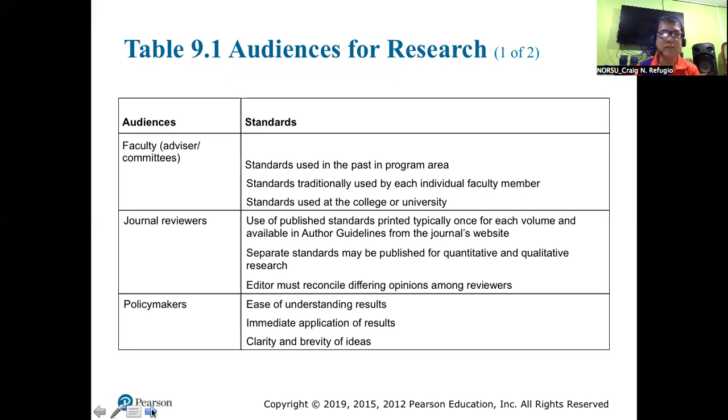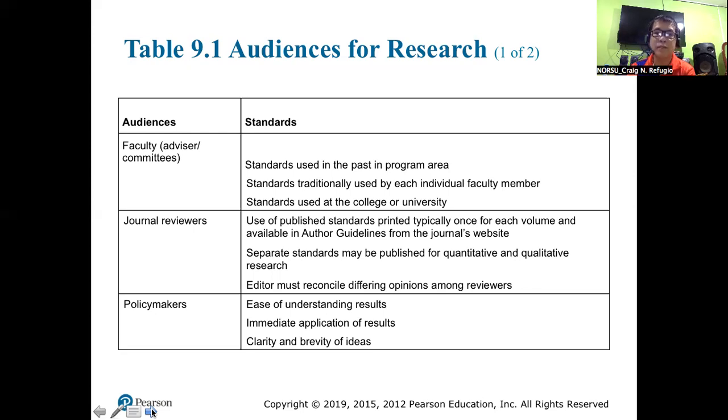Journal reviewers. If you're going to look at different journals, there is a set of reviewers, and different journals have different standards. In terms of the journal reviewers, the standards are published standards, printed typically once for each volume and available in author guidelines from the journal's website. Separate standards may be published for quantitative and qualitative research.